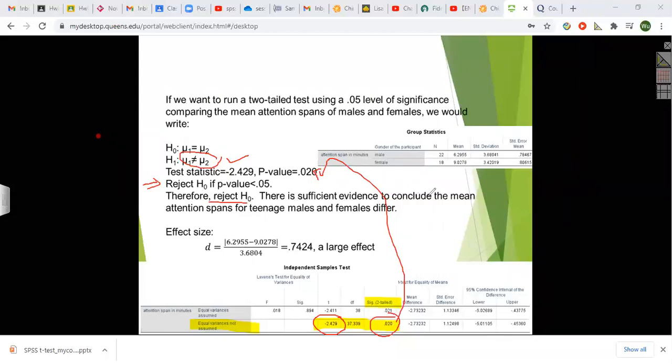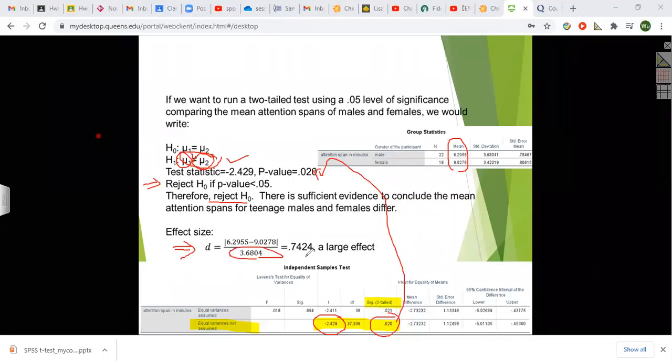There is sufficient evidence to conclude that the mean attention span for teenage males and teenage females differ. They have different attention spans, right? Also, you can get Cohen's d, the effect size. The effect size can be calculated using the formula, which is the difference of the sample means divided by the bigger standard deviation.